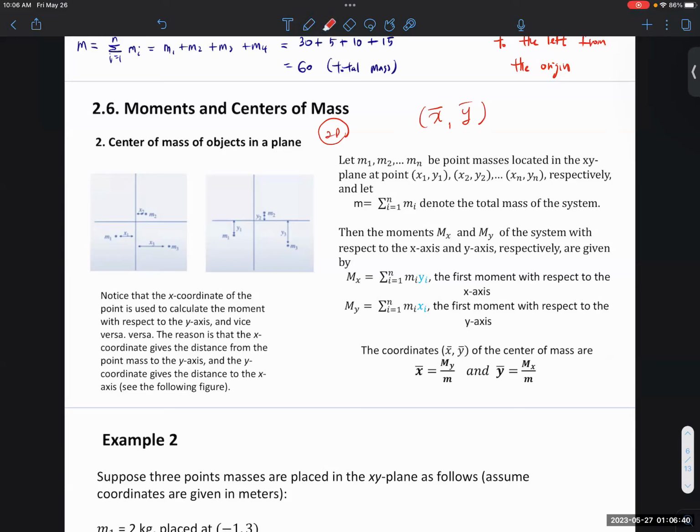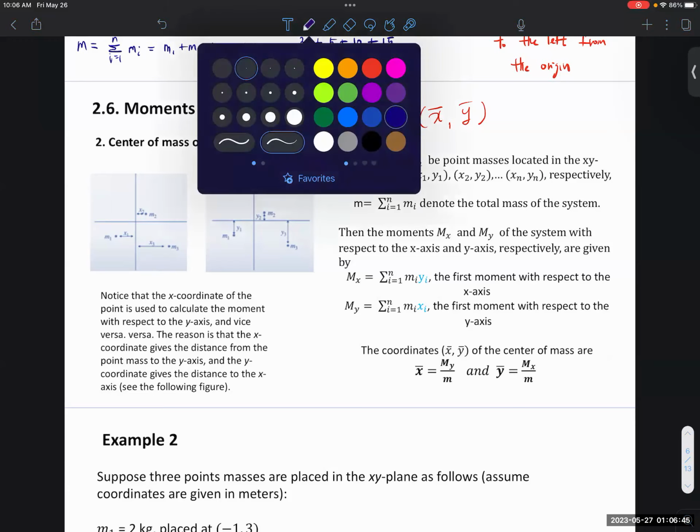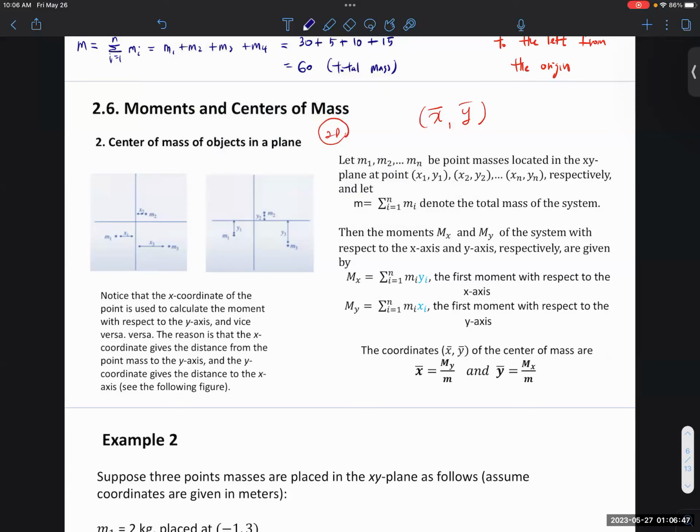So let's say you have multiple items in 2-dimensional space. Say M1 has x1 and y1 at that position, M2 is at x2, y2, and M3 is at x3, y3. To describe the position, you use the coordinate points x1, y1, or x2, y2, right?